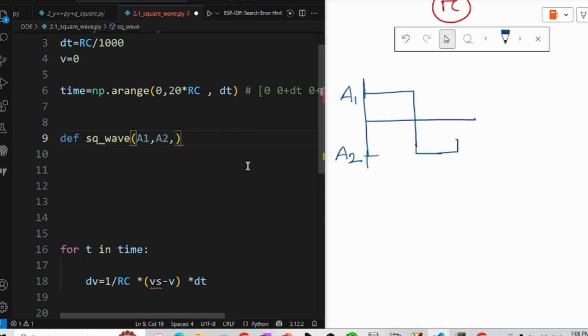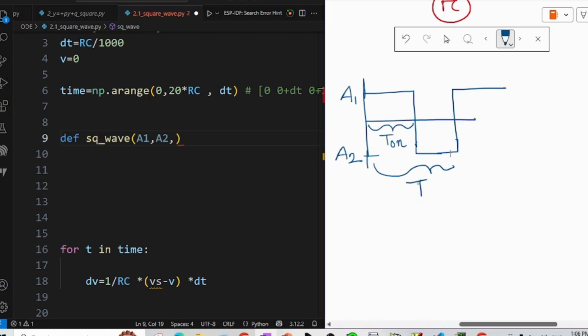Okay, and then let's say that the time when the voltage is at its upper magnitude is the time T on, and the total time period is T. So if the total time period is T and the time when the magnitude is at the highest level is T on, I need to send two times here, T on and T. And then let's say you want to find the voltage at t, whether it is A1 or A2.